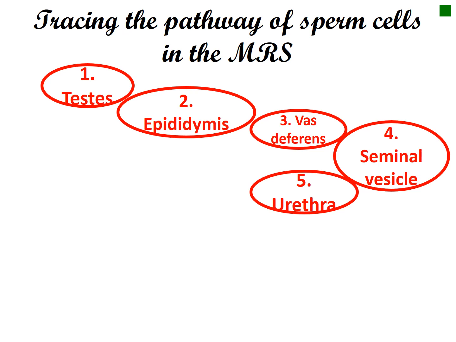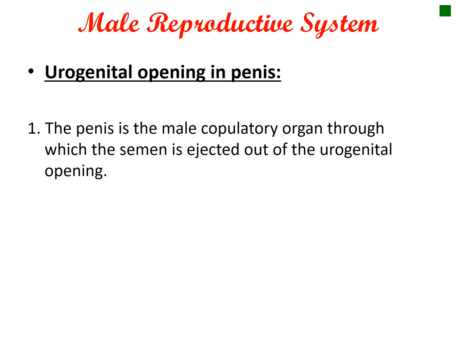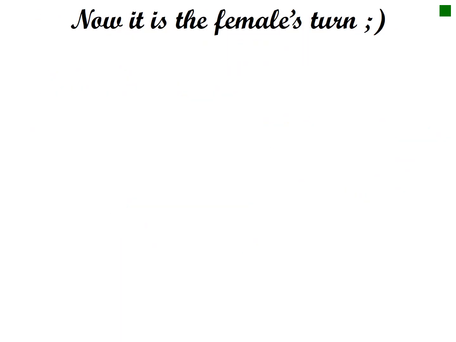So the fifth checkpoint in the pathway of the sperm cell is the urethra. The sixth one is the penis and the urogenital opening. The penis is the male copulatory organ through which the semen is ejected out of the urogenital opening, and this is the pathway. Now let's move to the female's turn.